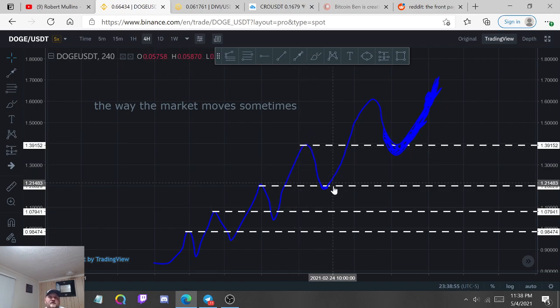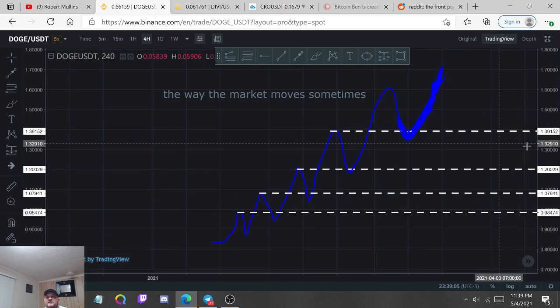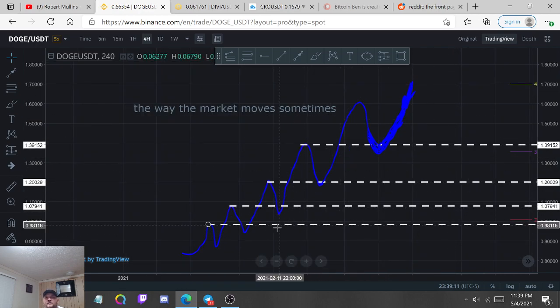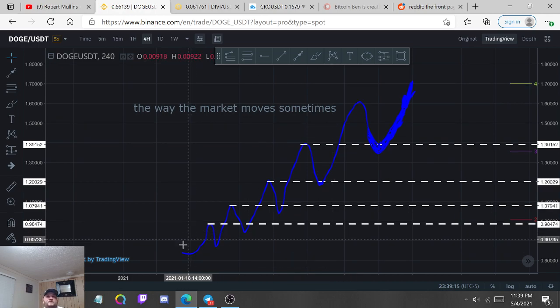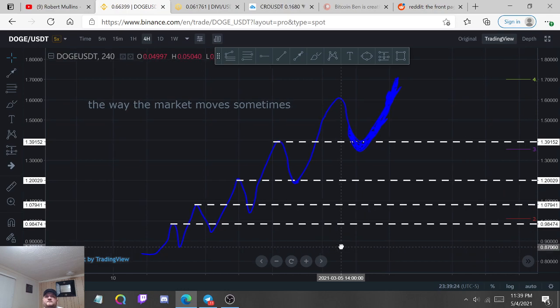Pushes up and it finds support right here. Pushes up, finds support right here. So the market just moves like this sometimes. Let's keep this in mind for right now. We could turn this upside down and it would be a bearish trend. Same thing, just different direction.